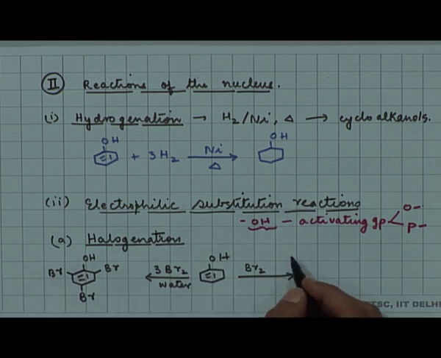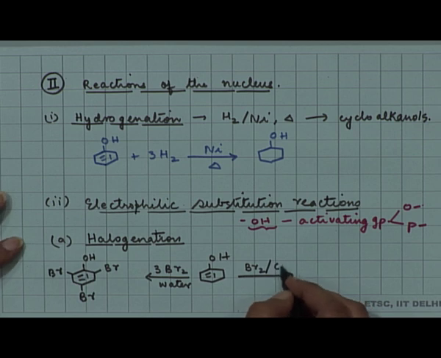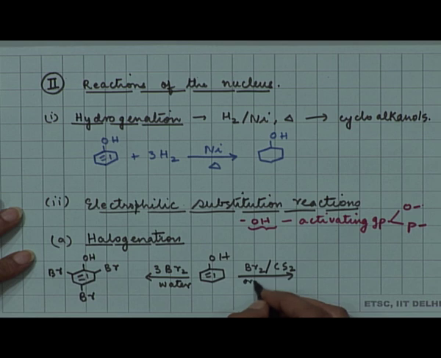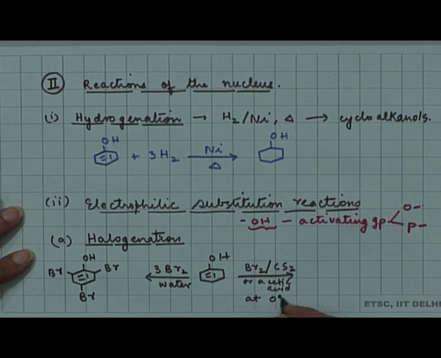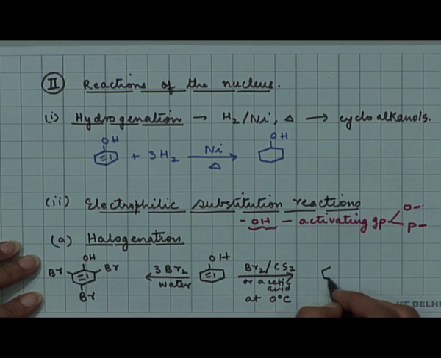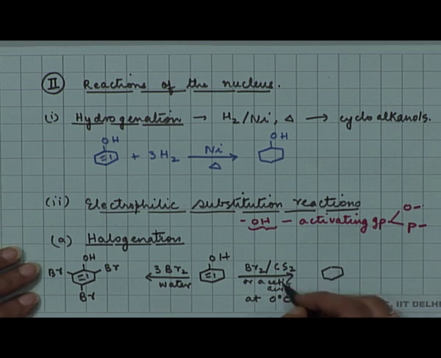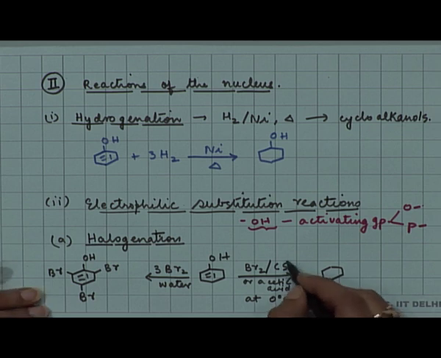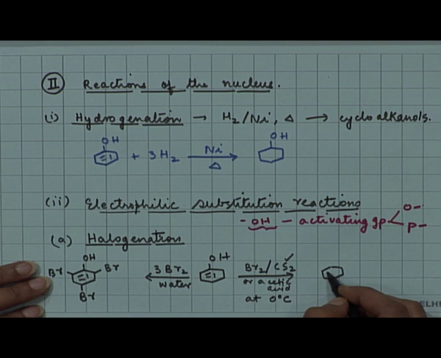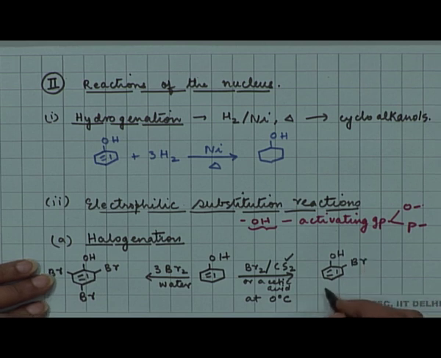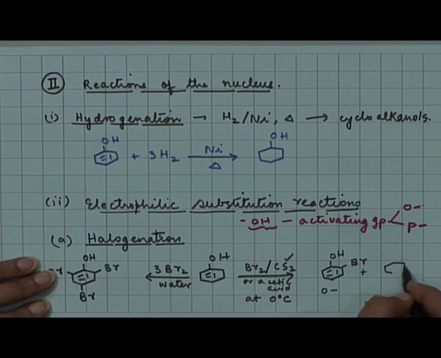If you treat this with bromine in a non-polar solvent like CS2 or acetic acid at low temperature, at 0 degrees centigrade, you are able to control the reactivity, the electrophilicity of bromine. The reactivity of bromine is reduced when we carry this out in a non-polar solvent and at low temperature, and under such conditions we end up with a mixture of mono substituted ortho and para products, with the para bromophenol being the major product.